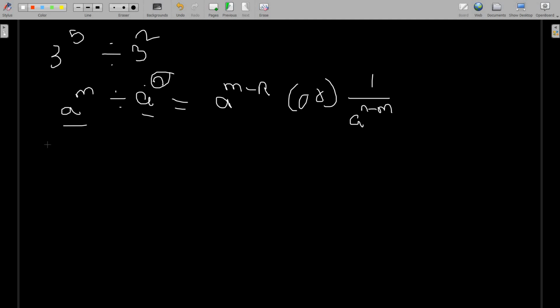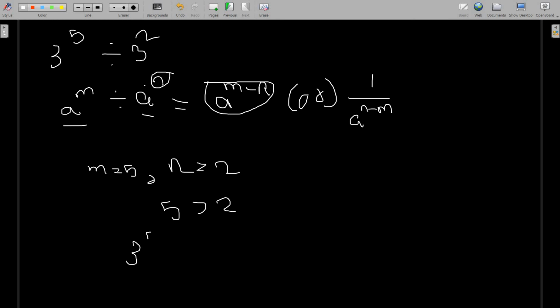Here m equals 5 and n equals 2. Comparing both, 5 is greater than 2, so we use the first formula. That equals 3 power 5 minus 2, which is 3 power 3, and 3 cube equals 27. In this way we should solve the problem.